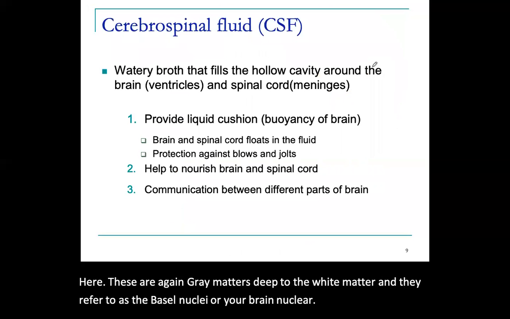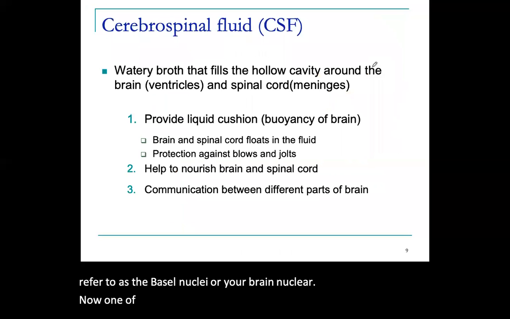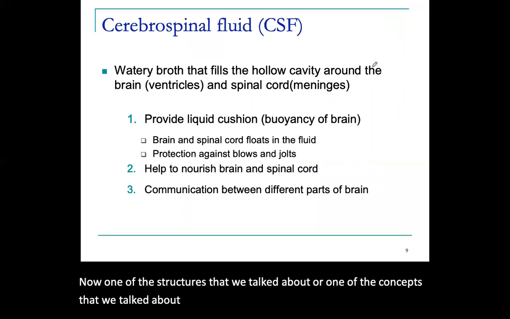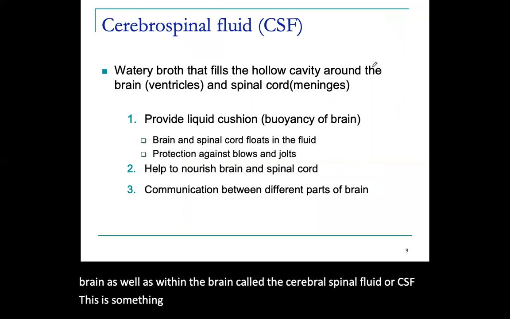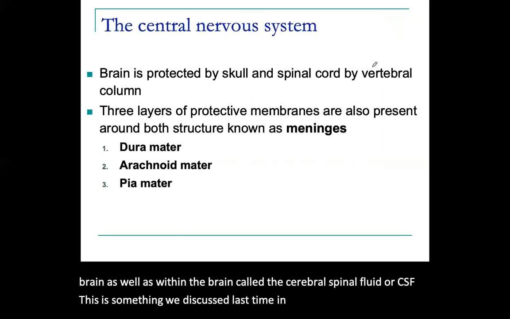Now, one of the concepts that we talked about previously was a fluid that is found around the brain as well as within the brain, called the cerebrospinal fluid, or CSF. This is something we discussed last time in our introduction to the nervous system.